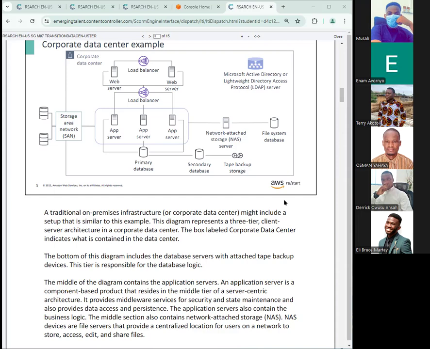Say the first, where the corporate data center is, the first server, that is, yes. So that is the presentation layer. Okay. That's where the app is, right? Like I'm trying to find a difference between the web server and the app server.